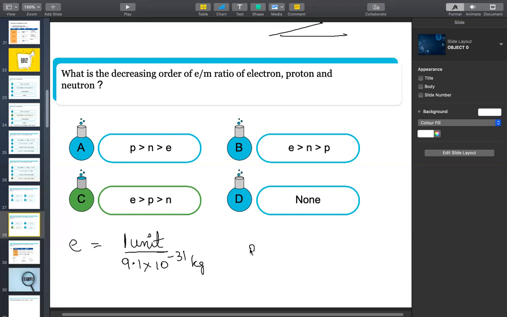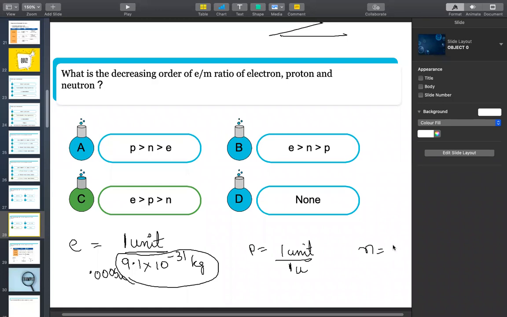If you have a proton, the charge is the same, 1 unit, but its mass is definitely huge, almost 1 u. Here for the electron it is almost 0 in terms of u, 0.0005 u.